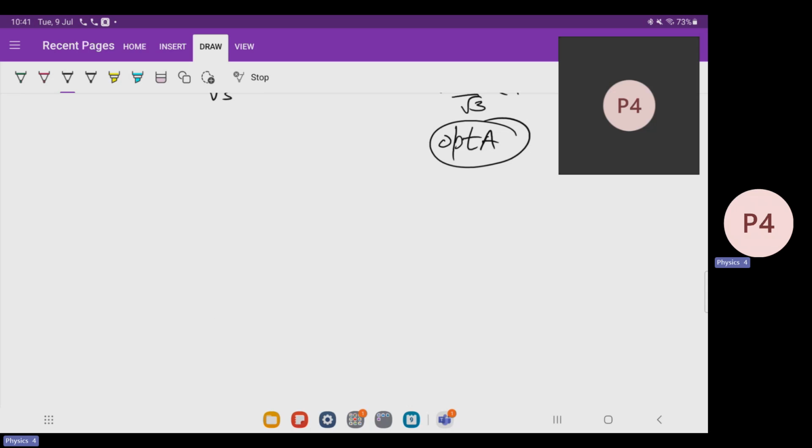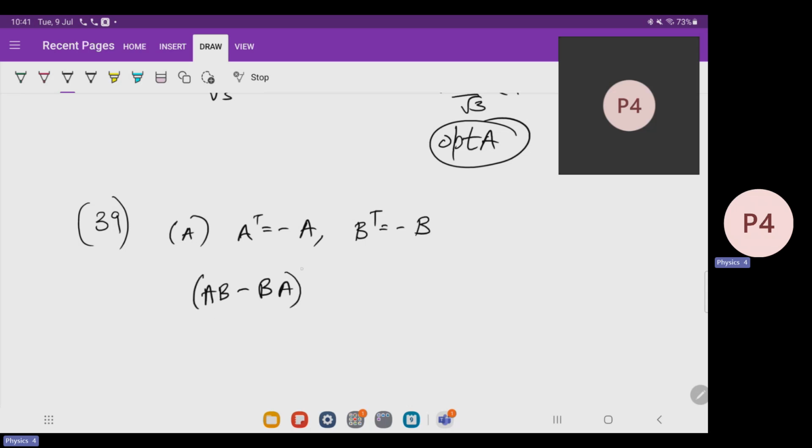Coming to 39, multi-correct. Which of the following options are correct? So we have to check option by option. If A and B are skew symmetric matrices of the same order, then AB minus BA is skew symmetric. Now A and B are skew symmetric, so A transpose is minus A. Now checking for AB minus BA, the whole transpose would be (AB) transpose minus (BA) transpose.